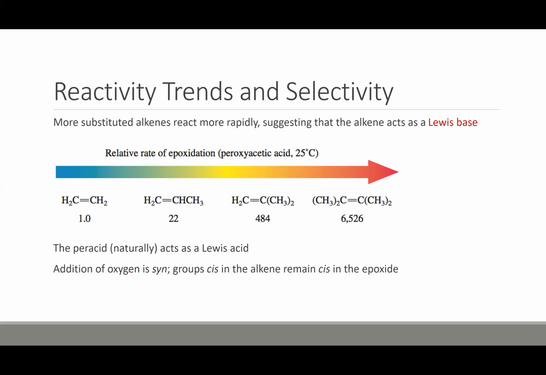The addition of the oxygen is also a syn reaction, and groups that were cis in the alkene in the original double bond will remain cis in the epoxide. So if you started with a double bond like this, you would end with an epoxide like this. So your groups would still be on the same side.